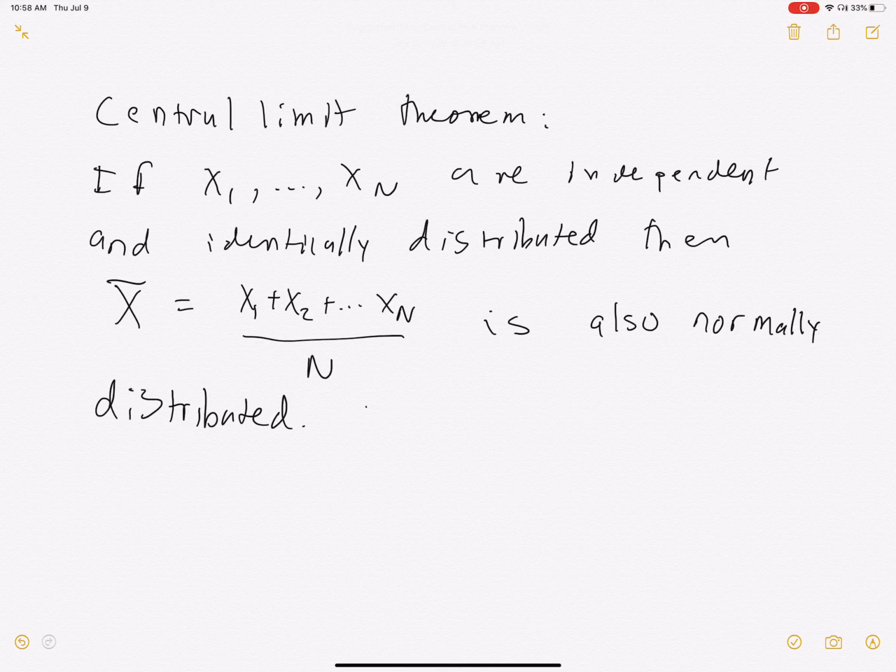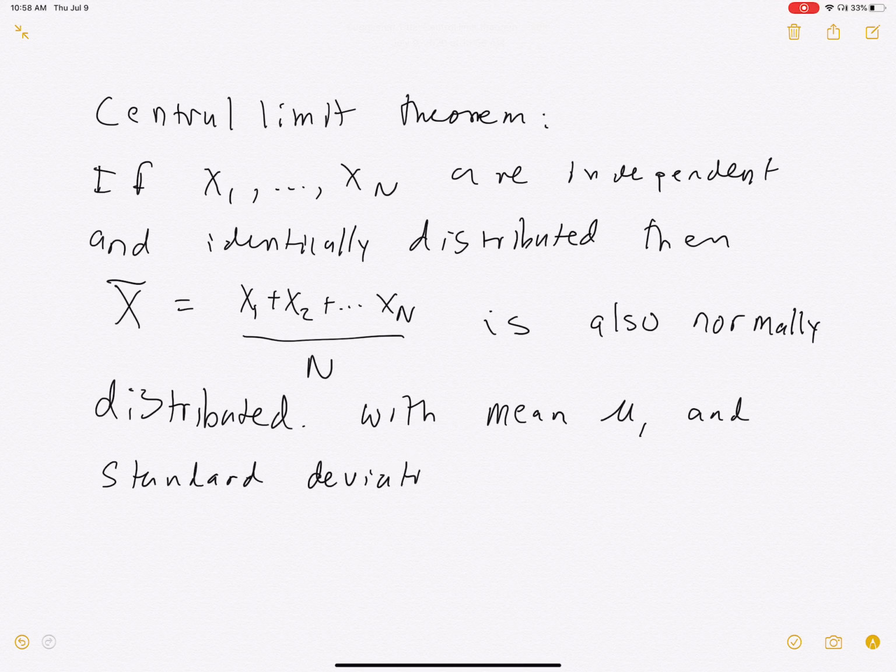And if it has a normal distribution, we need to specify the parameters. So with mean mu and standard deviation sigma over root n.